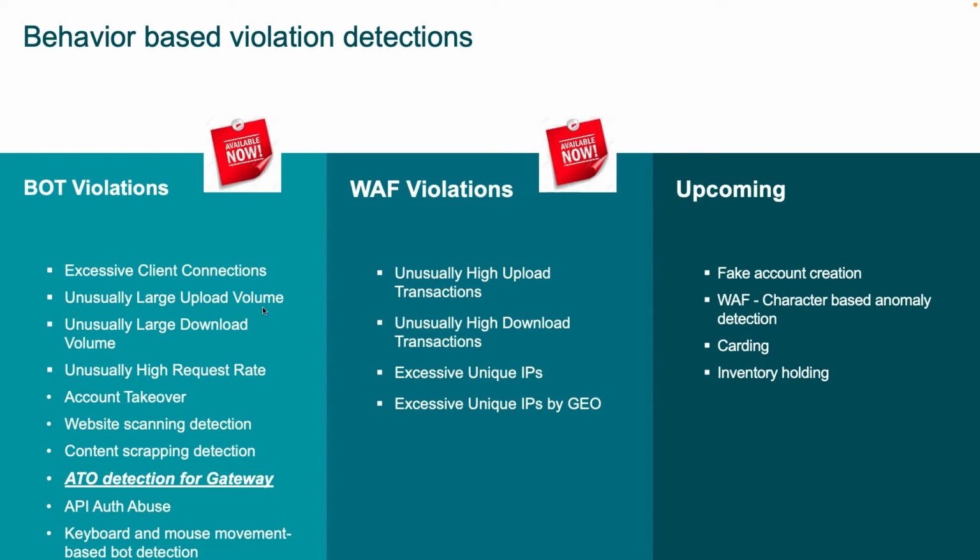All of these behavior-based violation detections are available on ADM service and are listed here on this slide. And in this session, we will dig a little deeper into the account takeover detections for Citrix Gateway login page.